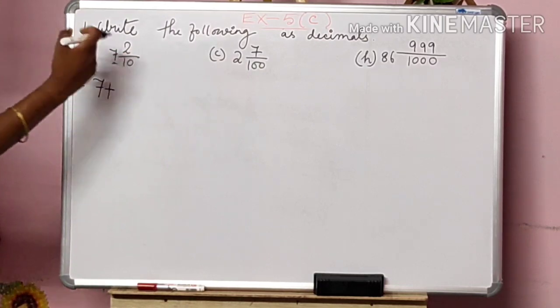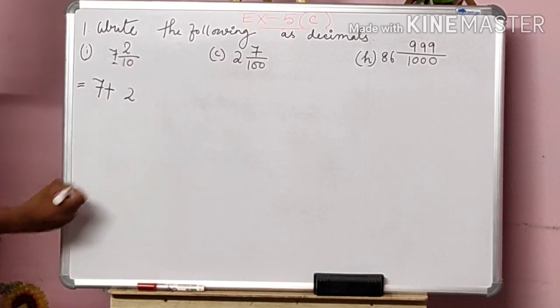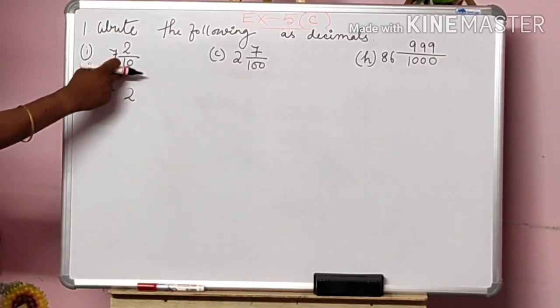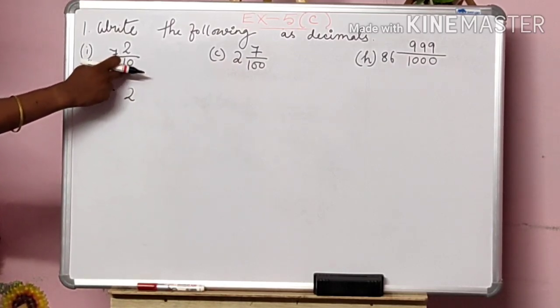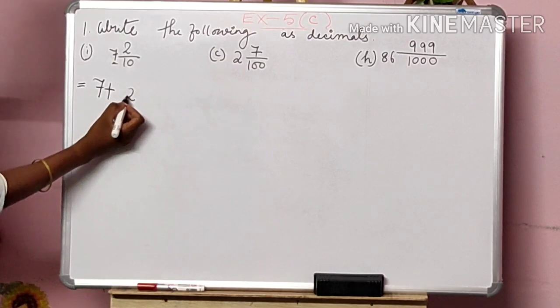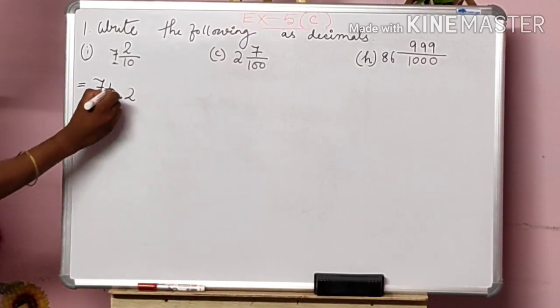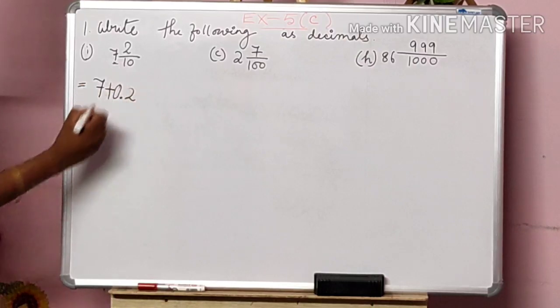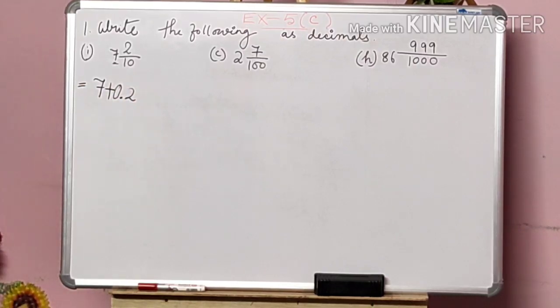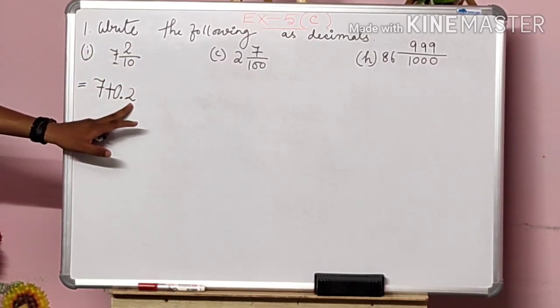Now 2 by 10 can be written as, in the upper part you can write directly 2. How many zeros are there in the downside? In the denominator it is 10, that means only one 0 is present. So we can put the decimal to the left of one number. We have written one decimal here, and you can put a whole number 0 because no number is present. So now 7 can be written directly as 7, and 2 by 10 can be written as 0.2, isn't it?